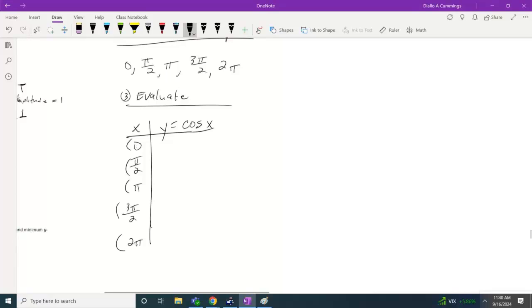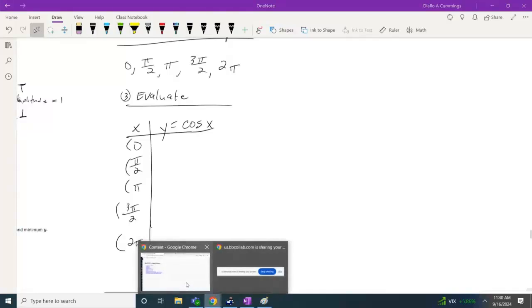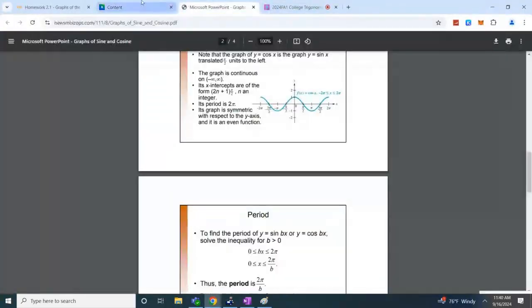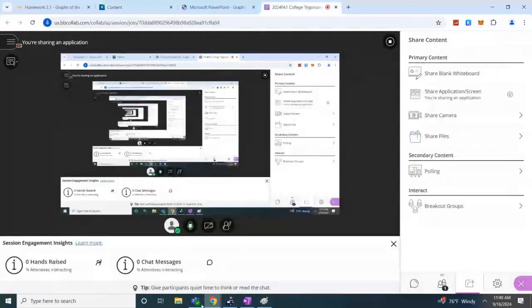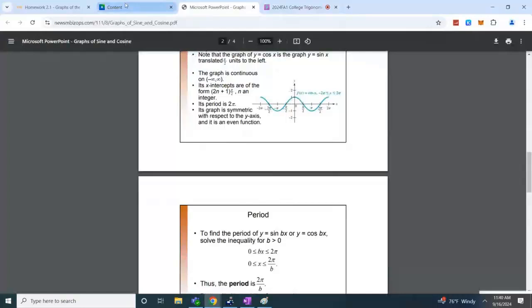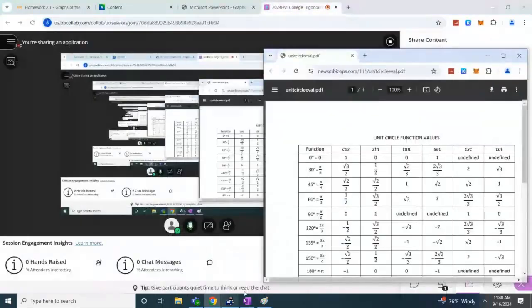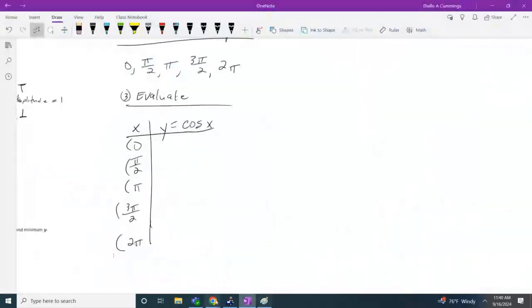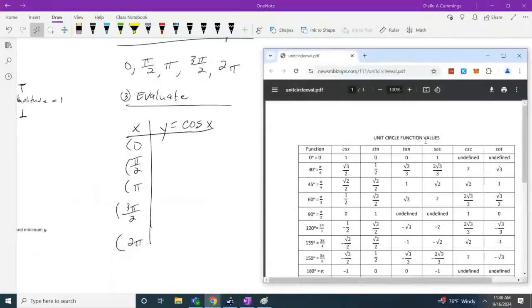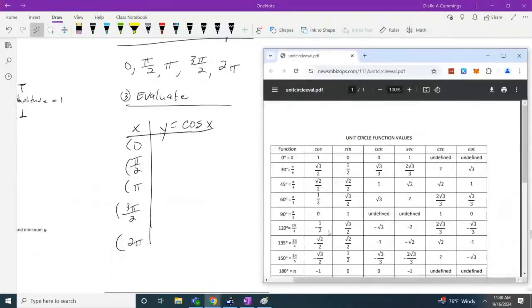So for this first ordered pair, if I substitute x for 0, the cosine of 0, and again, I'm taking these values from the unit circle function values.